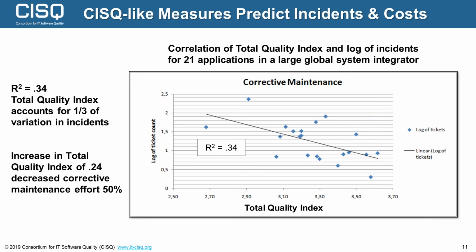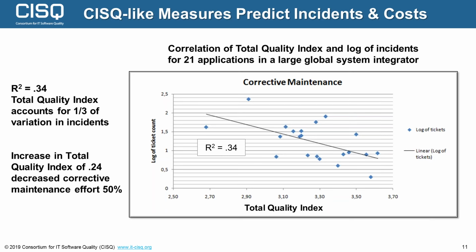So these measures do predict. They are good measures of risk, and so that's one reason we recommend them for using not only as a measure of quality, but also as a measure of the risk to the business presented by the IT or embedded systems.